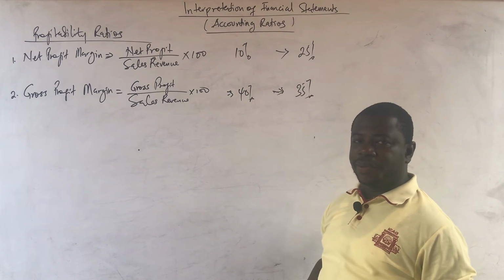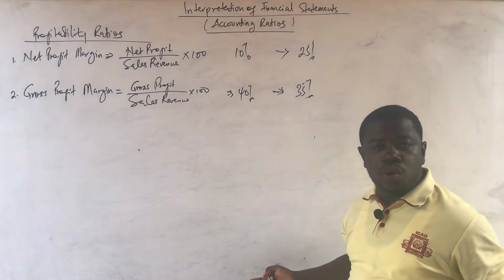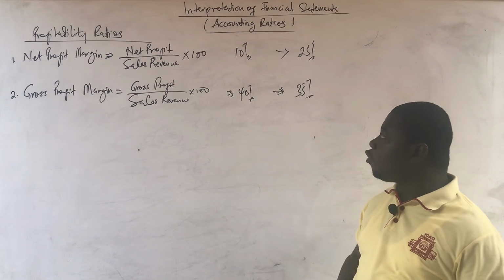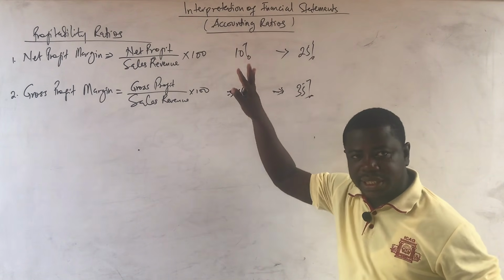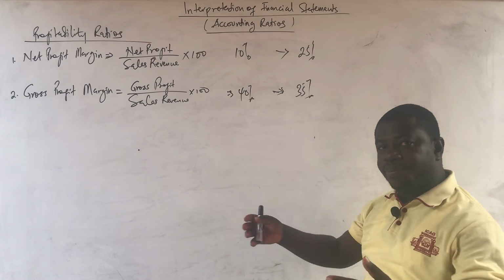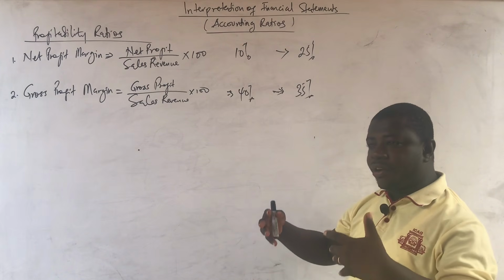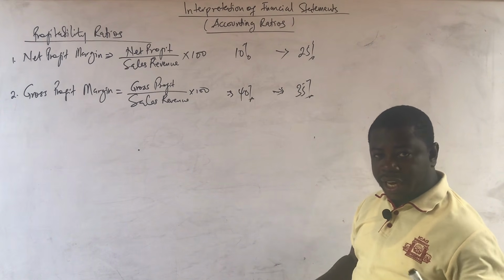Then what should be your interpretation? It's not enough to say that they are not doing well. That is not what the examiner is expecting from you. The examiner is expecting you to go beyond and look at the possible reasons, and if possible, suggest what the company should do, because mostly the report is for the board to sit and deliberate on the report of the accountant.